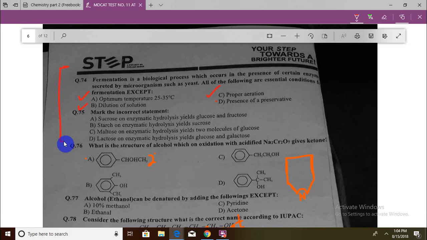And which one is incorrect? Sucrose on enzymatic hydrolysis yields glucose and fructose. That is obviously correct. Starch gives sucrose. That is wrong. We have just said that starch will produce maltose. I'll represent this.